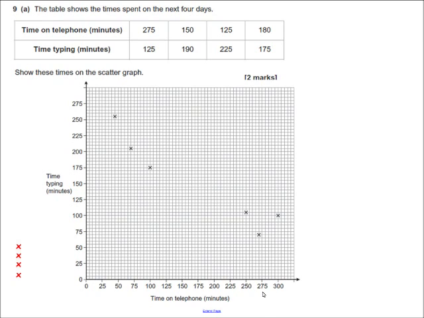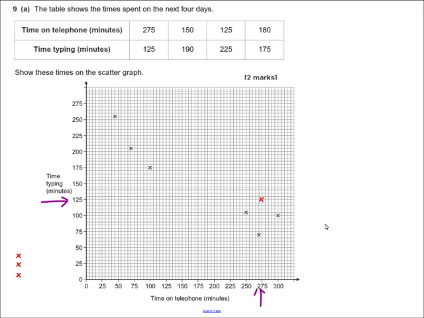Time on the telephone is 275, so we need to be looking up this line, and then we're going to plot it against 125 minutes, which is that one there. So we take our cross and we plot it, always plotting crosses, roughly there.